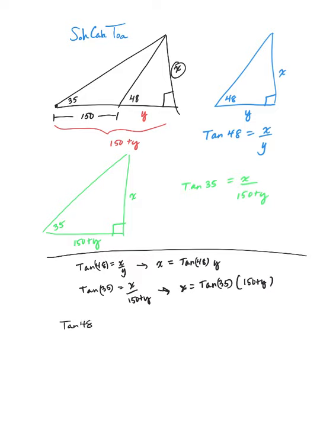I have tan of 48 times y, right, equals tan of 35. I'm going to distribute it, times 150 plus tan of 35 times y. Your goal in math is to get the like terms together, so I'm going to subtract tan of 35 times y from both sides.